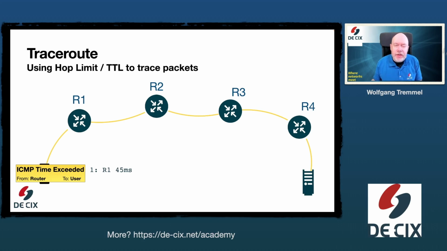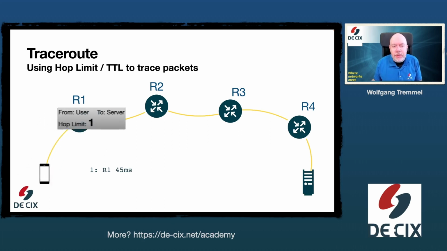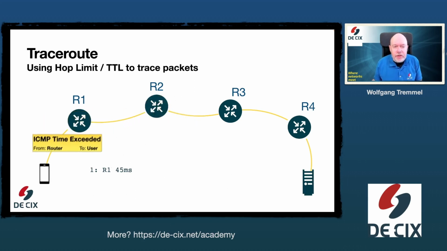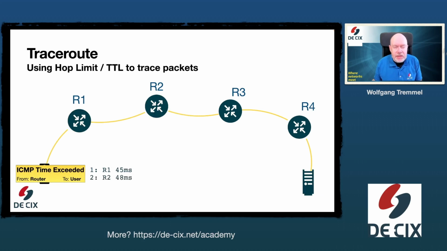And we also record the round trip time, the time between sending the original packet and the reception of the time exceeded message. And we do that again with a hop limit of 2. So the next router in the network towards the destination discards the packet and sends back an ICMP time exceeded message.